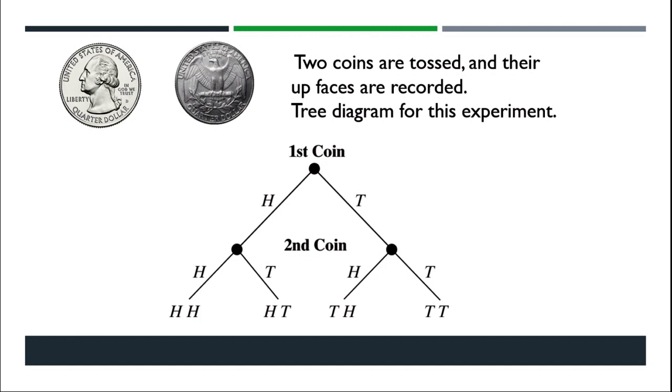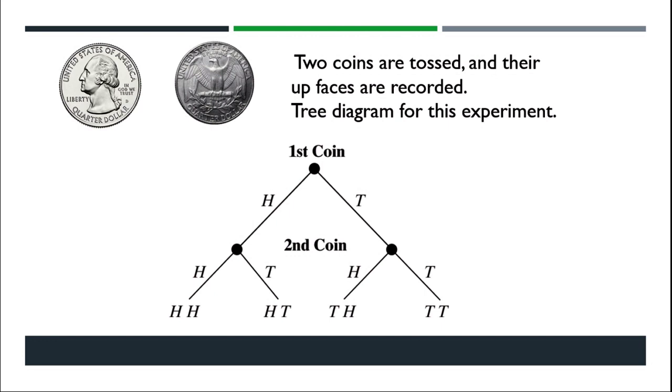At the top of the tree, there are two branches representing the two outcomes, H, head, or T, tail, for the first tossed coin. Each of these outcomes result in two more branches, representing the two outcomes, H or T, for the second tossed coin.